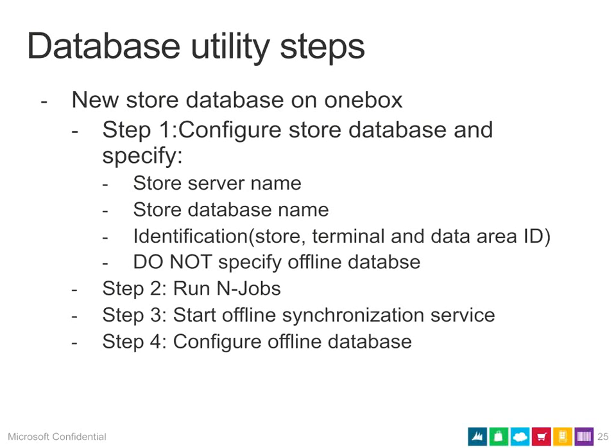That information comes down from headquarters. So you have to tell the store database which tables are being synchronized before you can create an offline DB. Then after you've run your end jobs, start the offline synchronization service, and then open up the database utility again and configure your offline DB.